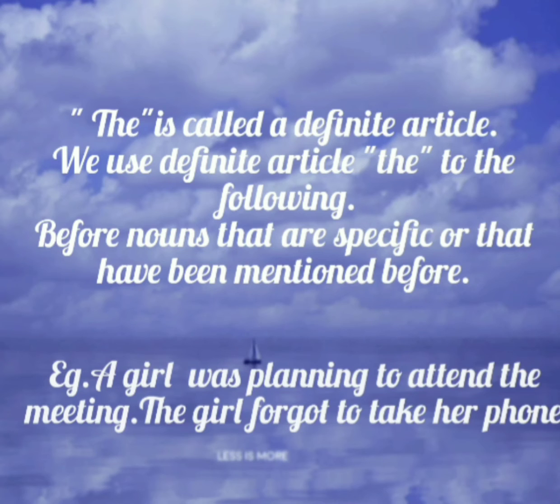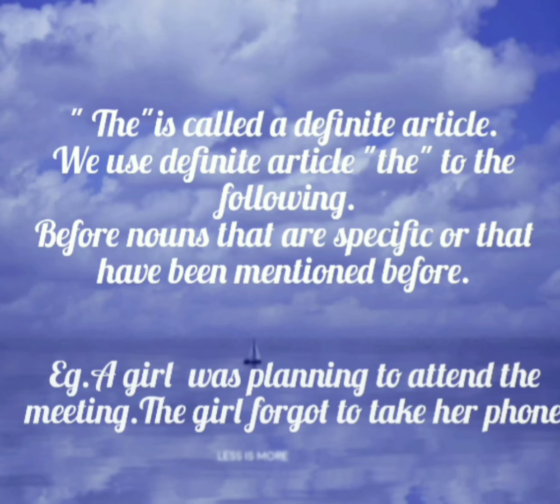Example: A girl was planning to attend the meeting. Here it is saying about a particular girl. A girl was planning to attend the meeting. Okay, the next sentence is: the girl, that means that particular girl. Here we haven't written a girl, we have written the girl, that particular girl.